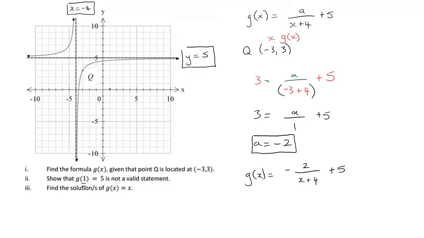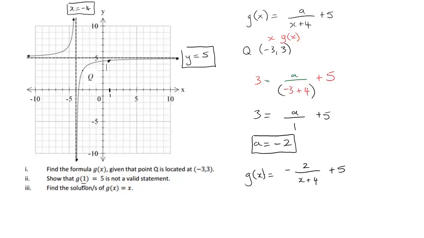Let's find 1 on the graph. Okay, so here's 1. You can see that you're not going to get 5. You can't get 5 because 5 is on the actual asymptote, and therefore it's not going to be possible to find a value. You're not going to reach your asymptote, but we have to show this mathematically.